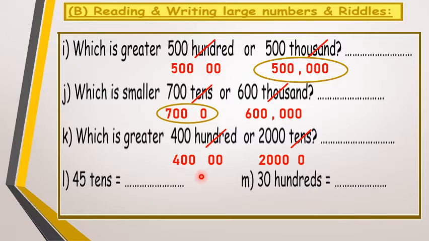So this is 40,000 and this is 20,000, so which is greater? 40,000. I have here 45 tens, so I will cancel tens and put 1 zero, so it's going to be 450. I have here 30 hundreds, so I will cancel hundreds and put 2 zeros, so it's going to be 30. Sorry, it's going to be 3,000.